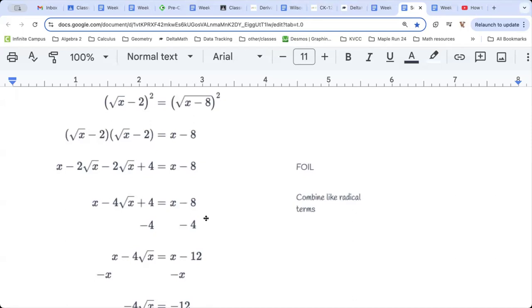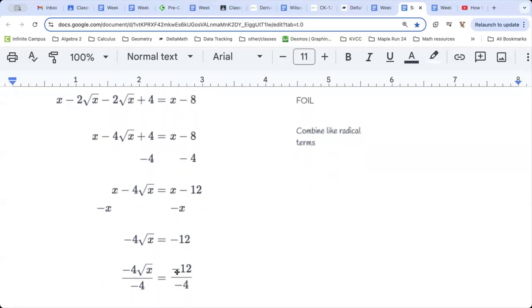From what we have learned previously, we want to isolate this square root x. Okay, let's get to it. This 4 should not be hanging around next to the square root x. We subtract 4 on both sides. Also, this x term should not be hanging around on the left-hand side either, so we subtract x on both sides.